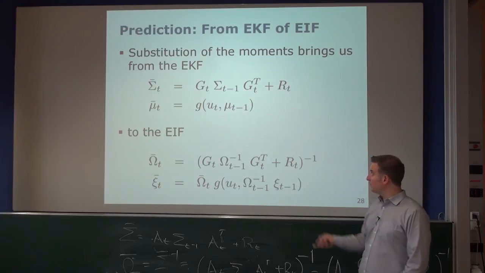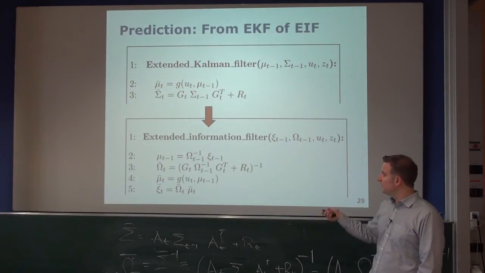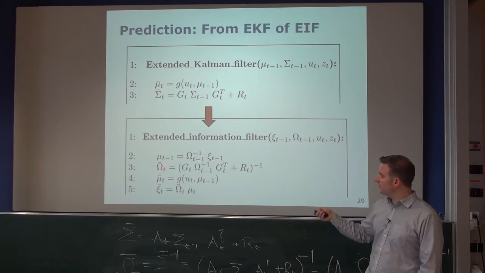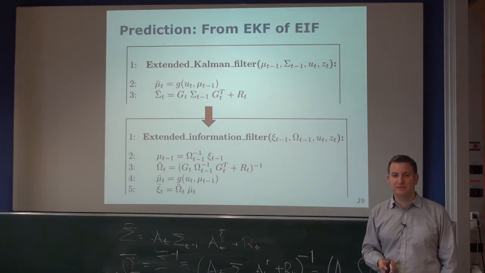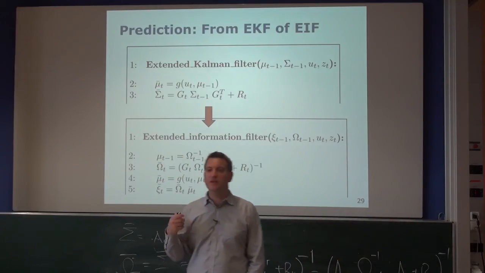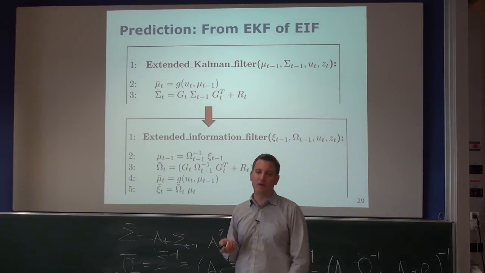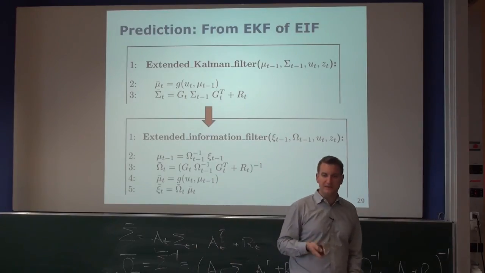So from the extended Kalman filter to the extended information filter, we first need to recover the mean, then map the mean to the predicted mean, and then convert it back to information space. And that's a problem already, because we need to again invert our information matrix. So some of the gain that we had before, we lost now in this extended information filter.